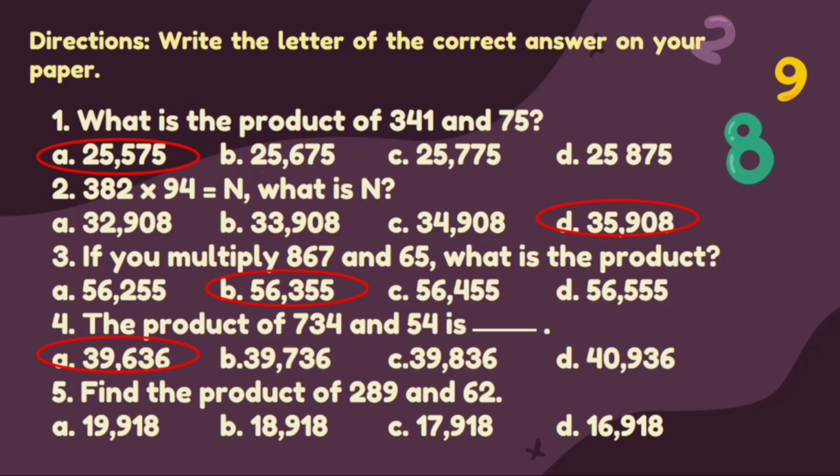Letter A. 39,636. And last, find the product of 289 and 62. The answer is letter C, 17,918.